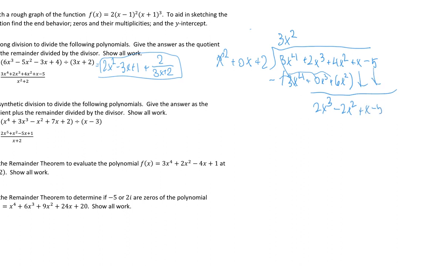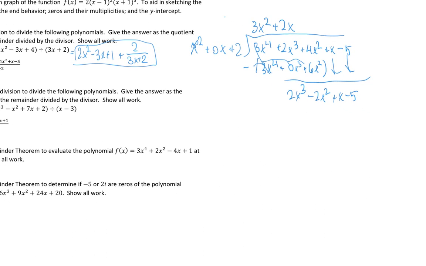Plus x minus 5. So to go from x squared to 2x cubed, I'm going to need 2 to get to the 2, and I need x to get the extra x, so minus 2x to the 3rd plus 0x squared plus 4x.